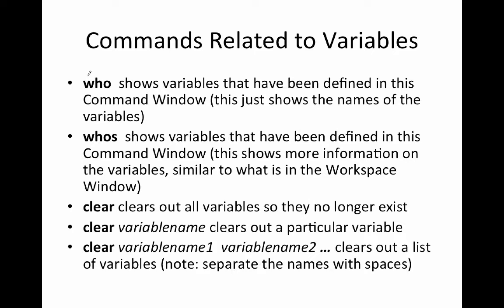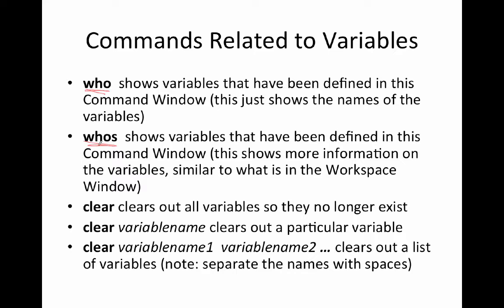There are some commands that show you values of variables and do things like get rid of variables. So first of all, there's the command who that shows the variables that have been defined in the command window. So this just gives you a list of the variables. whos is going to give you a little bit more information, more like the information that you see in the workspace window. So it shows the variables and their values and how much space is used to store them and so forth.